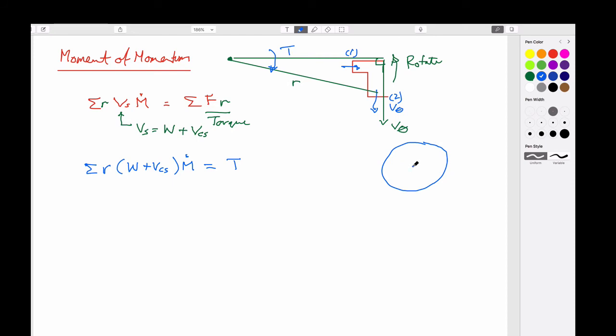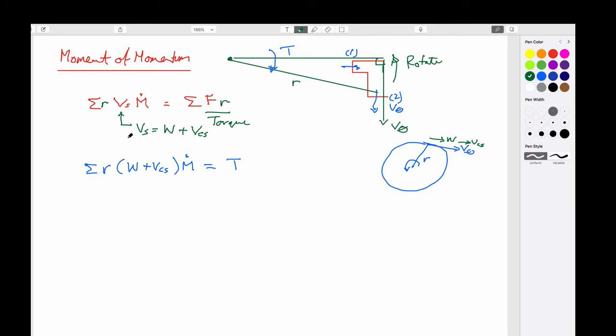If we draw it in, this will be v theta. This is a radius. It's going around this. This will be W, which is the water rate coming out. This will be a velocity of the control surface. And a static observer will see these at some component.